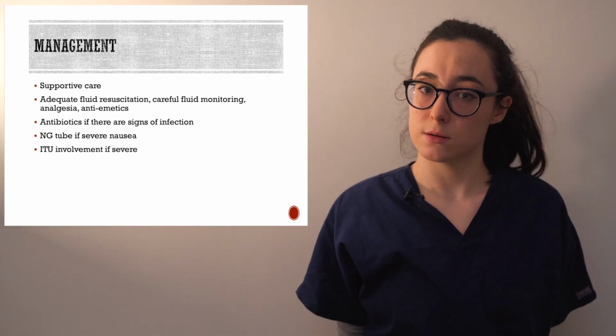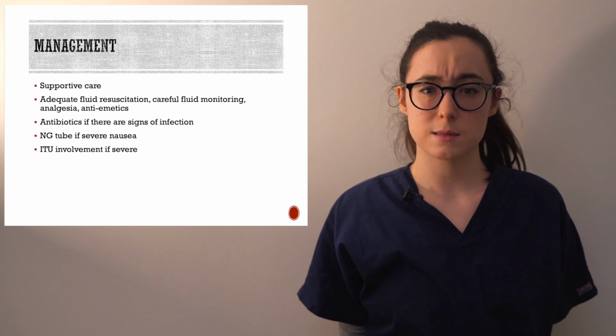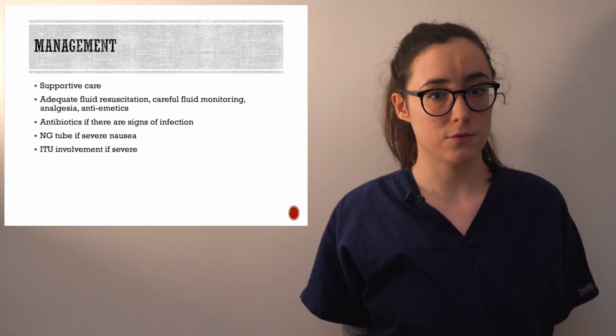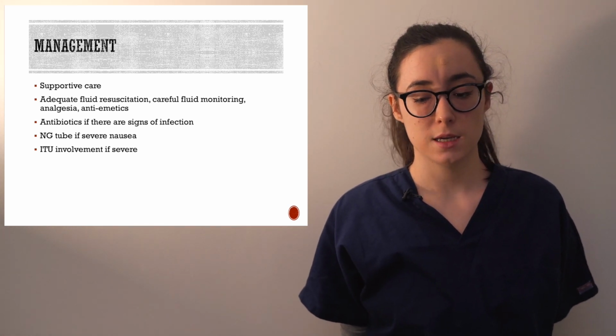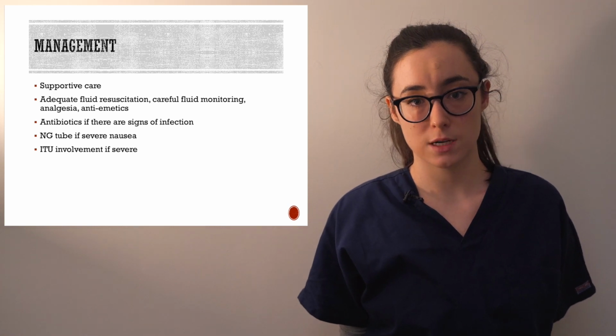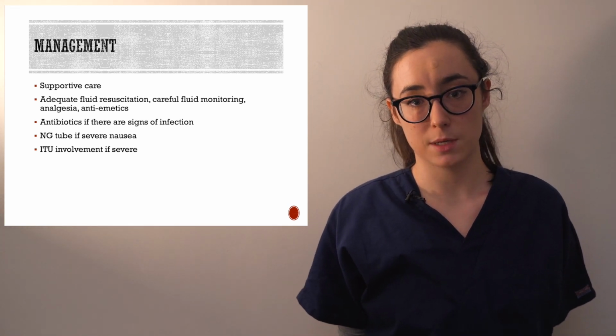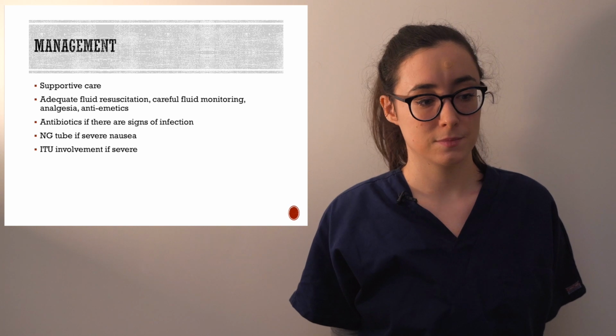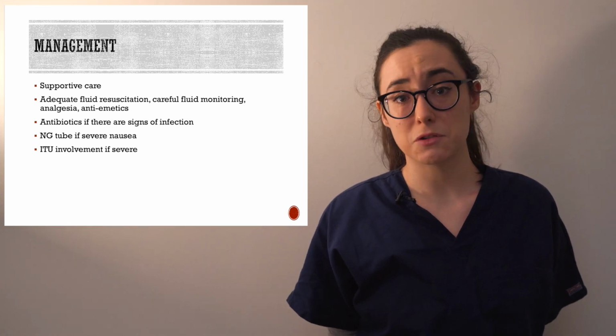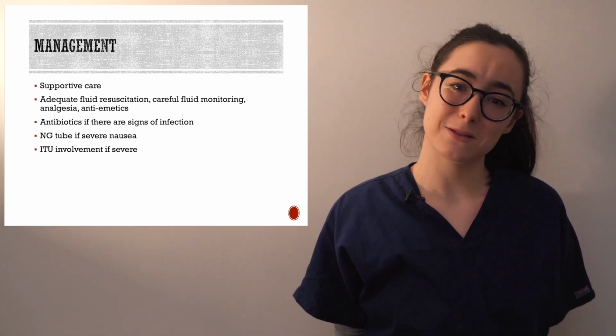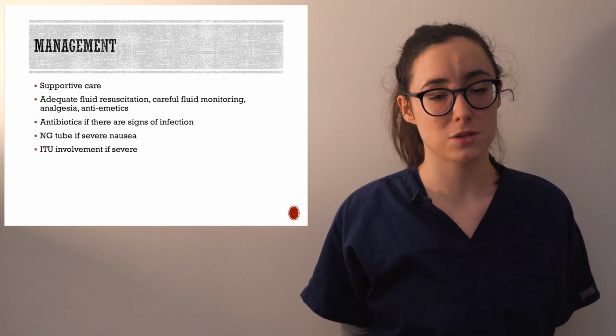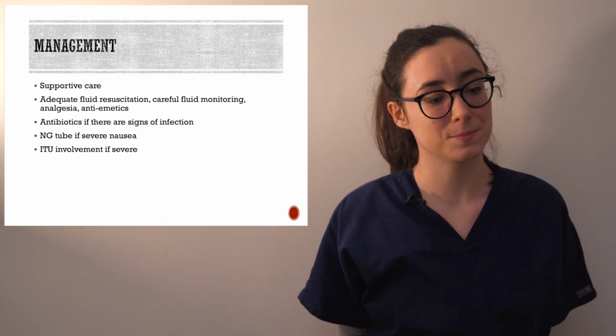So how do we manage pancreatitis? Now, mostly it's supportive care. This means aggressive fluid rehydration initially, and this is to prevent kidney injury and to prevent hypovolemia and hypotension. We also need careful fluid monitoring. If we're pouring lots of fluid into somebody, we need to make sure it's coming out as well, so the patient may require a catheter.